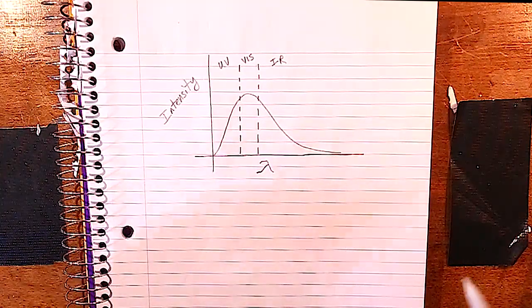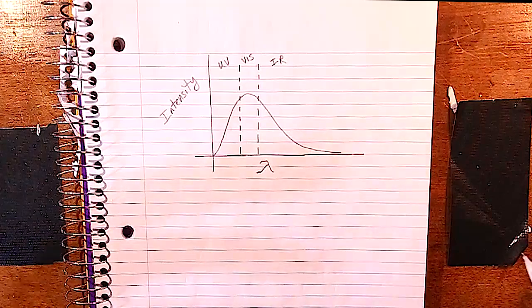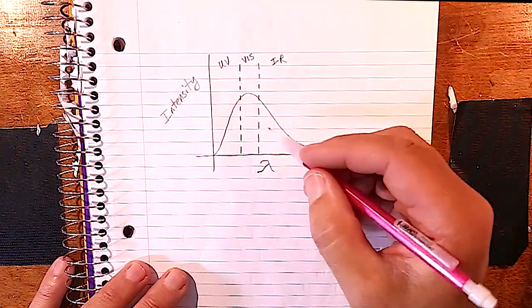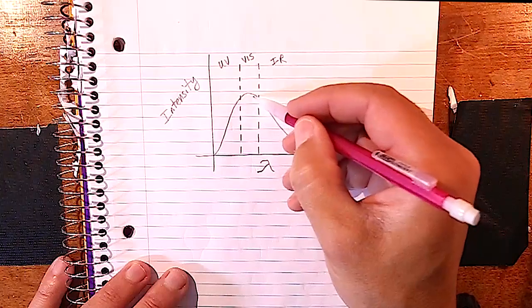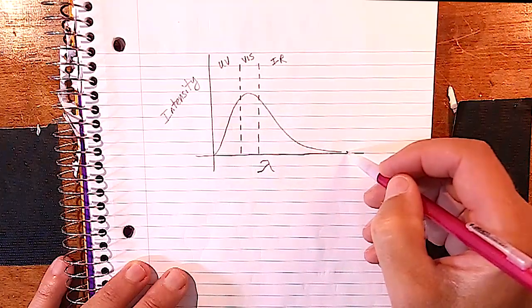Now, a star, like the sun, acts as a perfect black body because when it's cold, we would not see anything. We would have no sun. It would just be black. But because the sun is very hot, it ends up producing all of the different frequencies of light. And if you graph all of the different frequencies, you get a curve that looks like this.